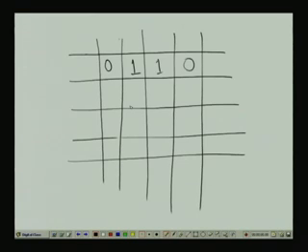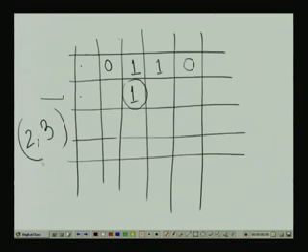Now, why are we calling this a memory? Because if there is a one here, I can select this by taking the row and column. Say if it is a matrix type of form, say this is second row and third column. So, second row and third column will give a one output, the content of this element. Now, this 2 3, that means the position of that particular element, we are defining as the address.